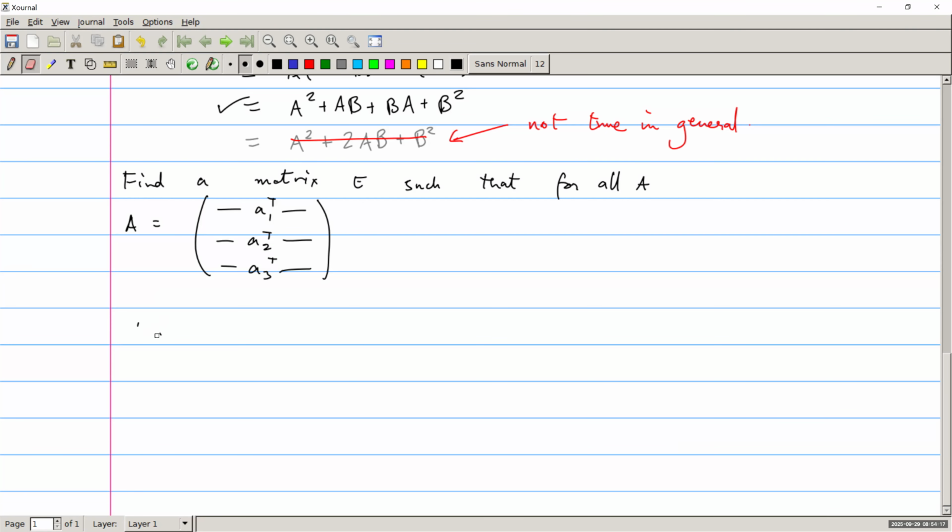So what should happen? Row 2 of EA. What are the conditions that are required?